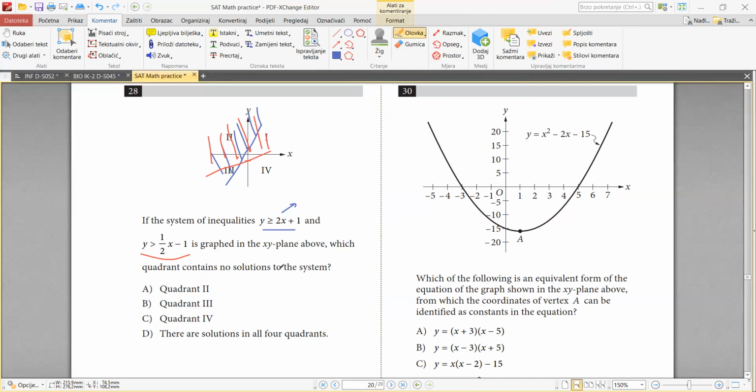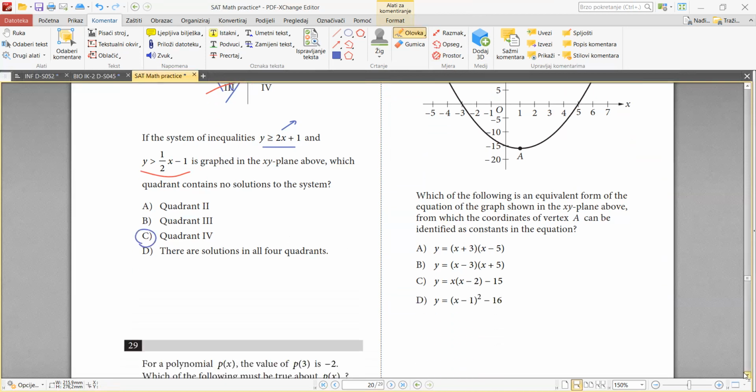So we can see that the quadrant marked as 4 contains no solutions to the system. So we'll take the answer C.